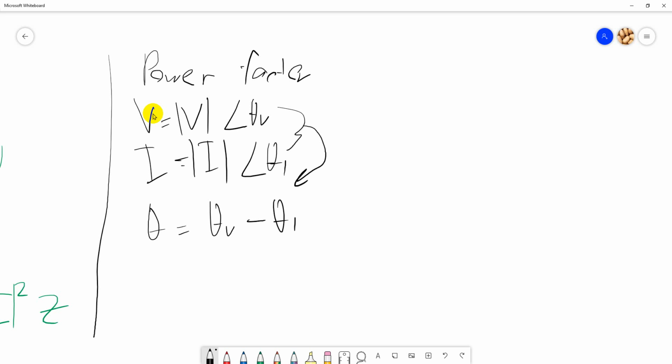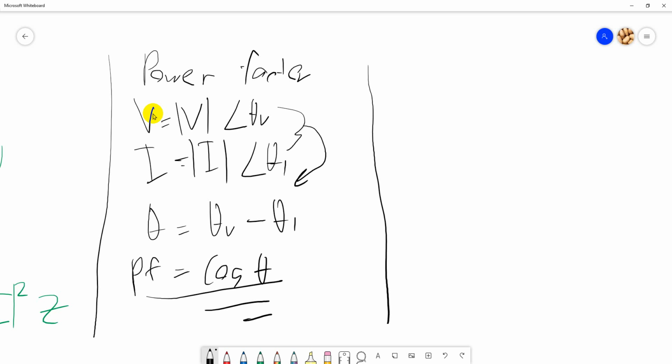So power factor, PF, is basically cos theta. That's it.